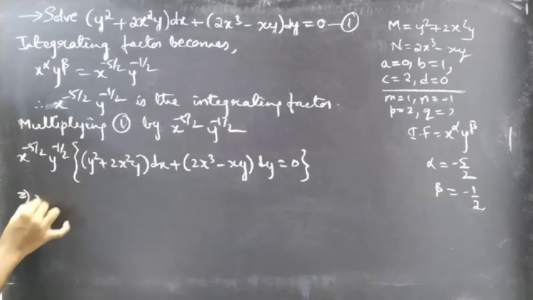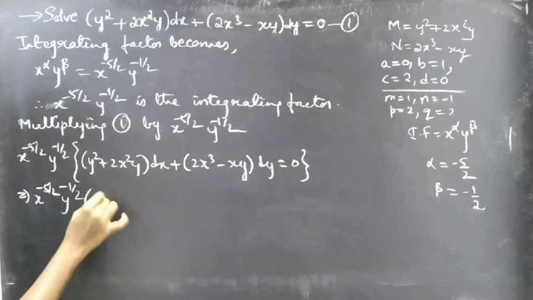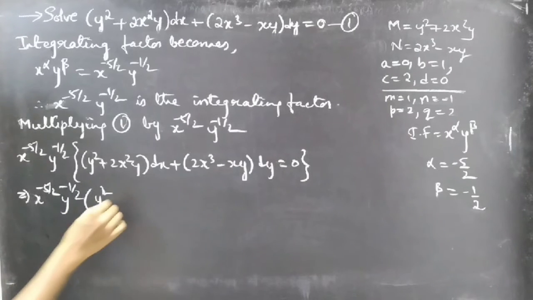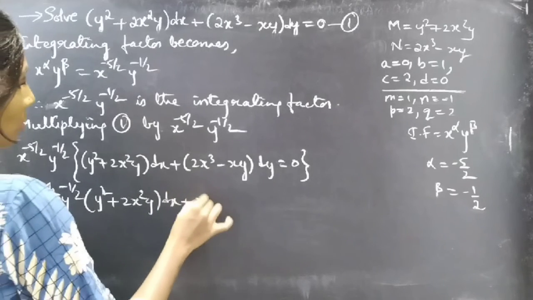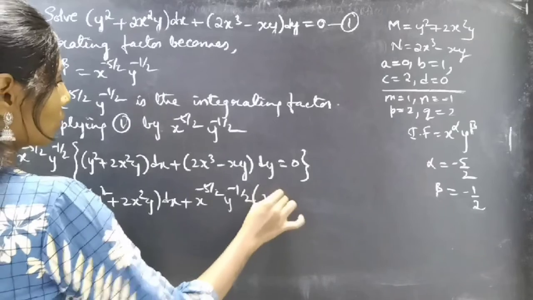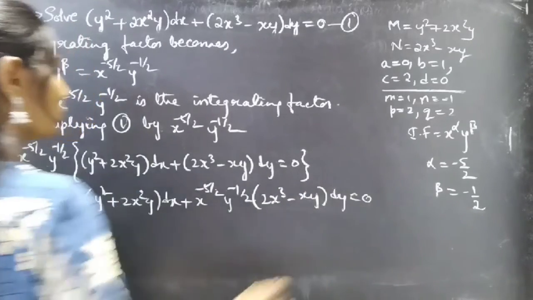Or we can write this as x^(-5/2) y^(-1/2) into (y^2 + 2x^2 y) dx plus x^(-5/2) y^(-1/2) into (2x^3 - xy) dy equal to 0.